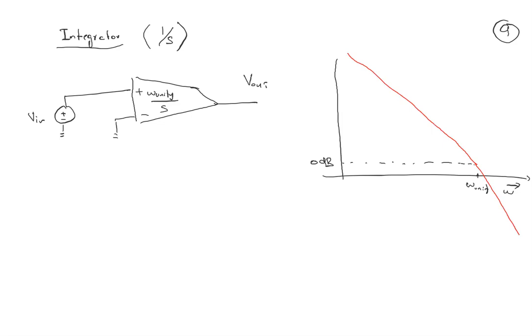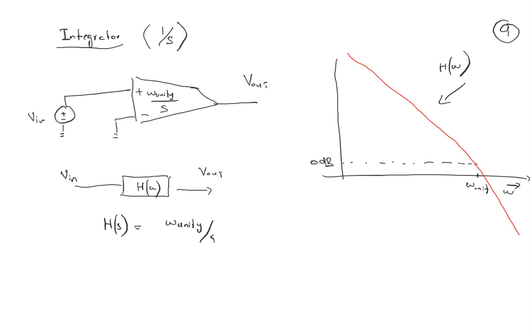We can call this H of omega. So here we have this system, V out, H of omega, and V in. We define H of S or H of omega is equal to W unity by S.